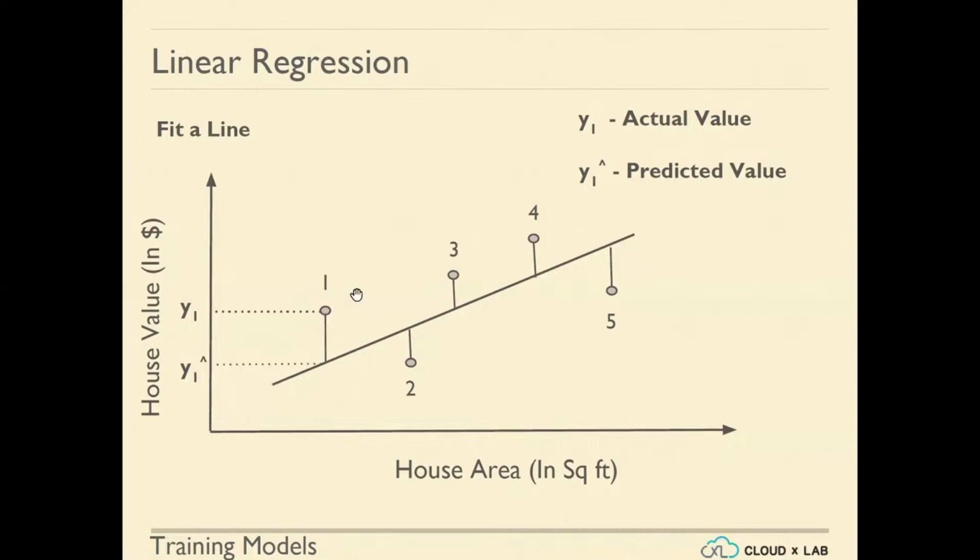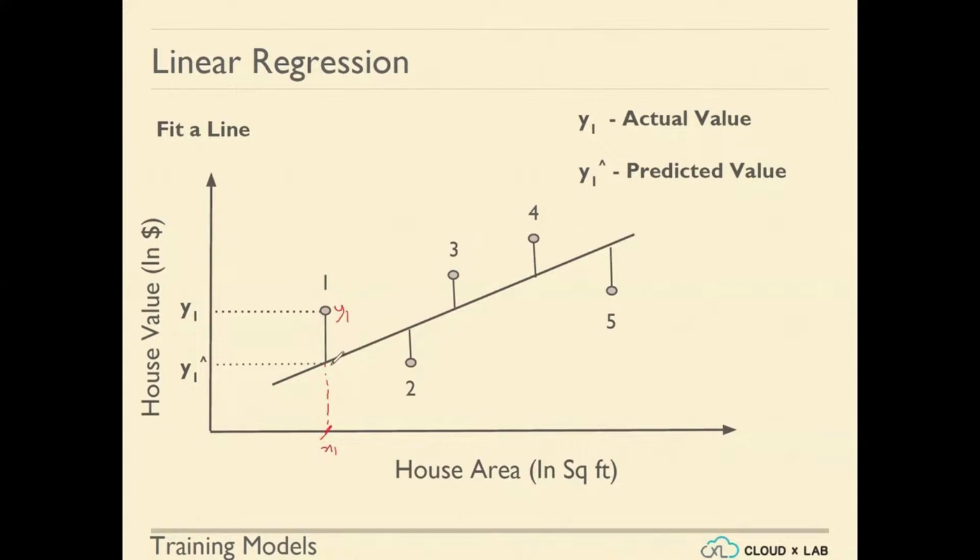So error means, these are the 5 training data points, right? First training data point, second, third, fourth, fifth. This y1 is the actual value, the actual output, and this y1 hat is the predicted value for this input one, right? Okay. So for this input value x1, we have two values.